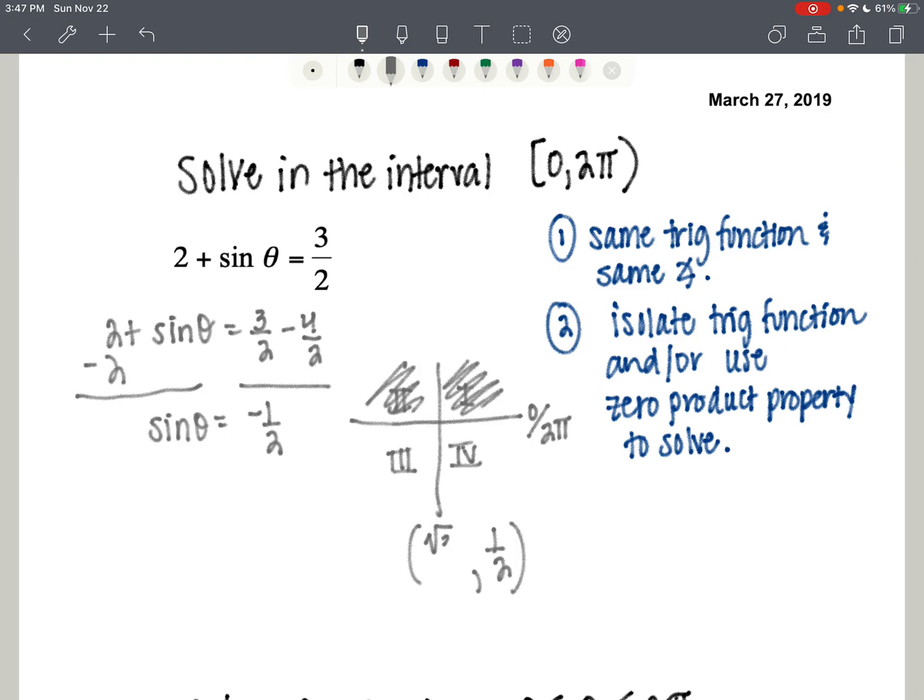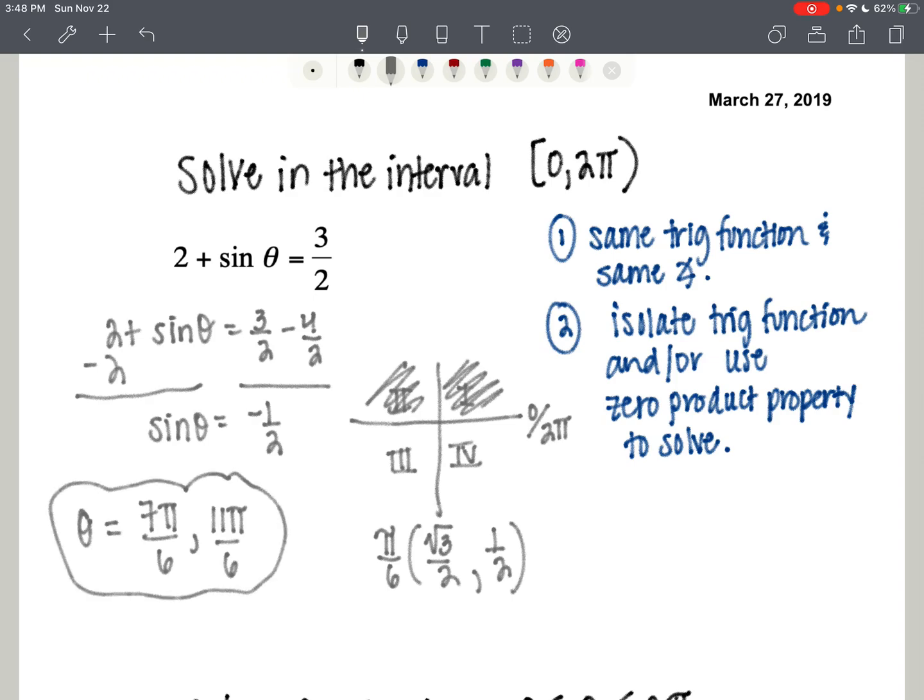Well, that's going to happen when y is 1/2, and when y is 1/2, x is the square root of 3 over 2, and that is a pi over 6 angle. And the pi over 6 angle in quadrant 3 is 7 pi over 6, and the pi over 6 angle in quadrant 4 is 11 pi over 6. And that's how we get our two answers for theta.